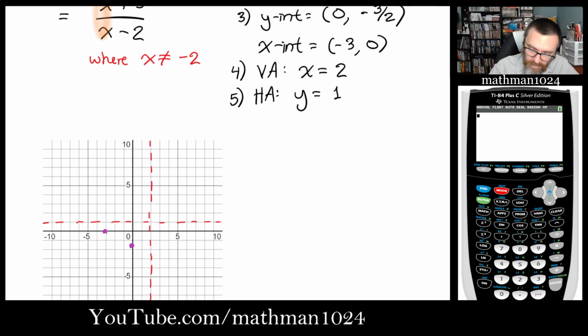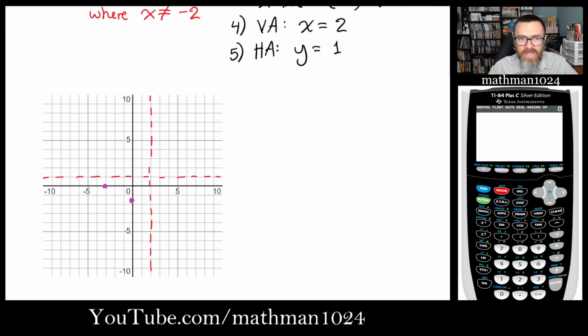Now let's use point symmetry to kind of flesh out the rest of this. This point right here, relative to where these guys intersect, is 2 to the left and down 1, 2.5. So let's go 2 to the right and go up 1, 2.5 to get another point. This point right here that is our x-intercept is 1, 2, 3, 4, 5 to the left and down 1. So let's go 1, 2, 3, 4, 5 to the right and up 1 to get another point.